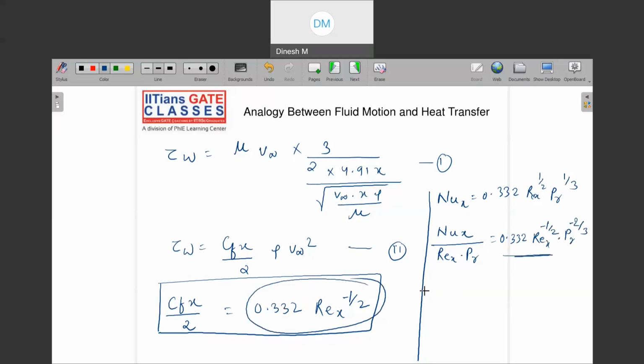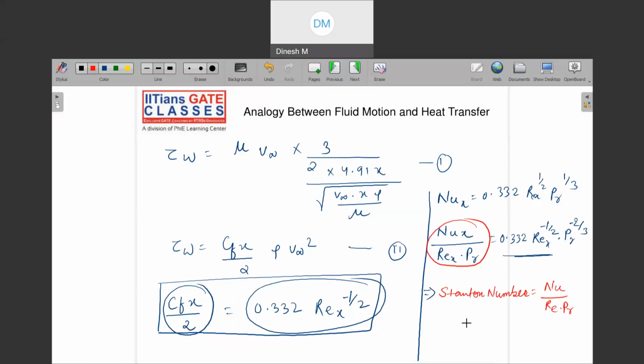So you can put this one as cfx upon 2. Okay, and then there is one dimensionless number which is the ratio of Nusselt number divided by the product of Reynolds into Prandtl. This is called Stanton number. So Stanton number is the ratio of Nusselt number upon Reynolds into Prandtl.